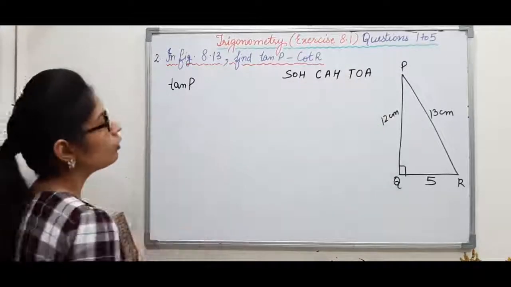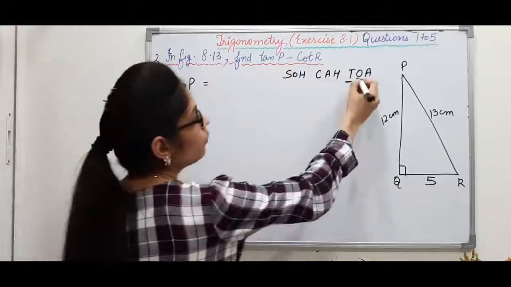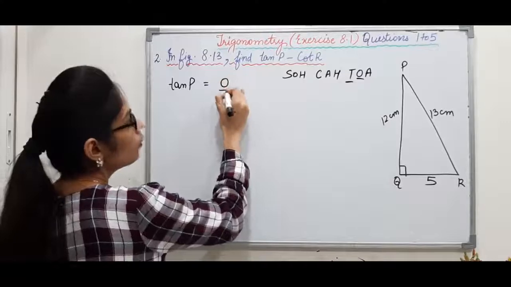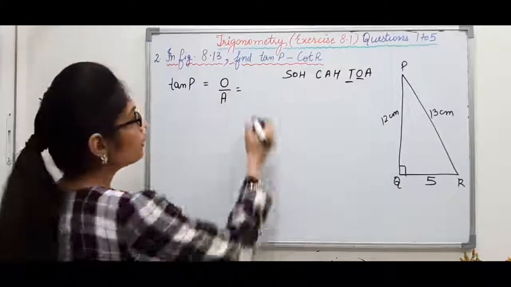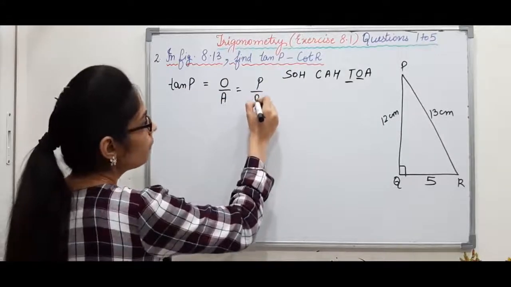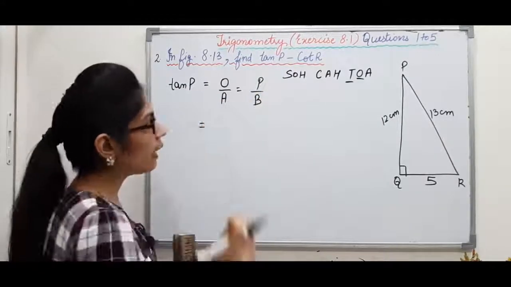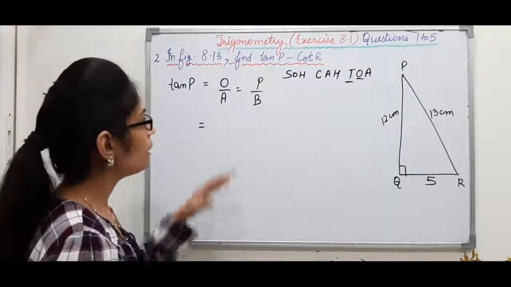So we need the value of tan. This T stands for tan, which is equal to opposite over adjacent. Opposite is always equal to perpendicular and adjacent is equal to base. This I have explained in the first video of introduction to trigonometry.